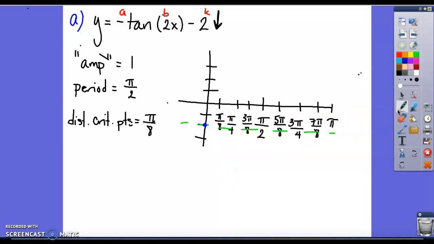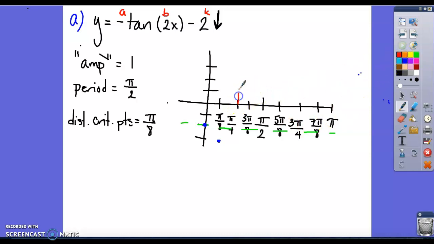Okay, my second point should go up 1 unit above the midline. But I have this reflection. It's being reflected across that midline. So my second critical point is going to be 1 below that midline.